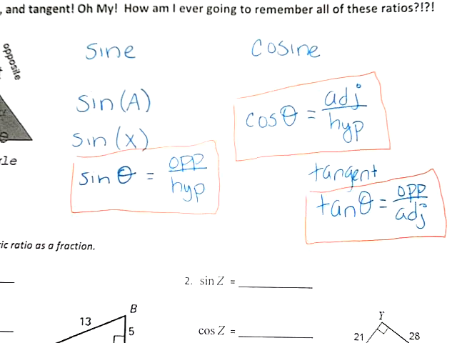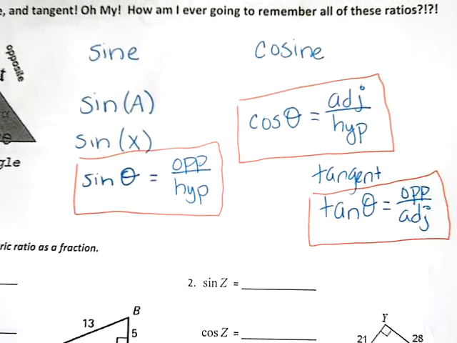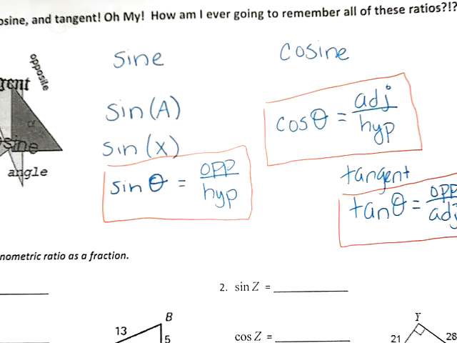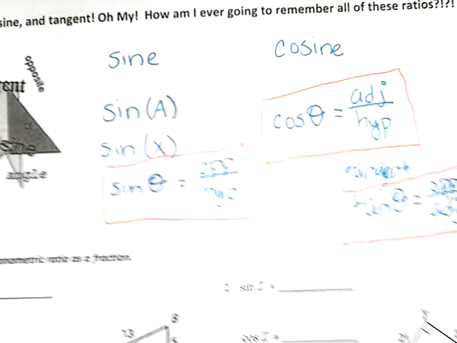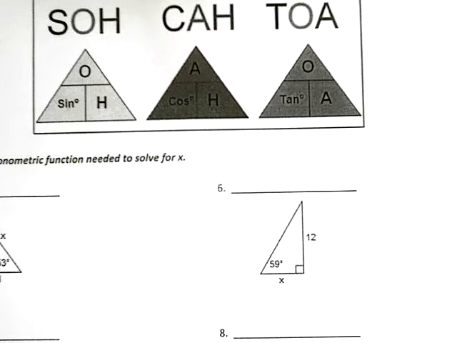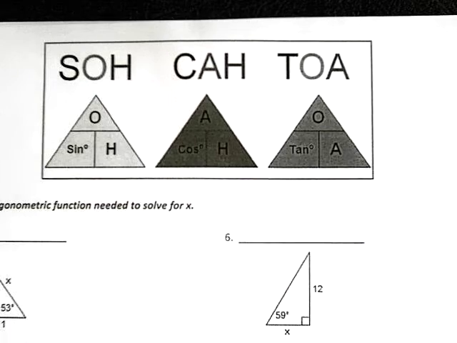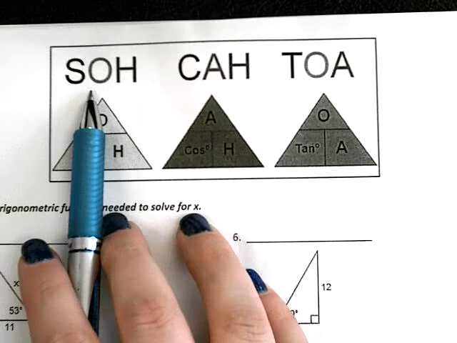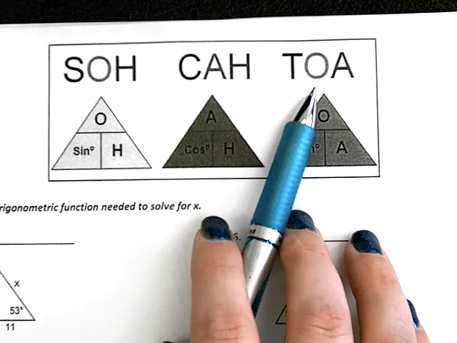So those are going to be super important, okay? Now remembering that can get a little kind of crazy, right? That's a lot to remember. So we have this little trick for us. And actually, if you look at the top of the next page, it's on there: SOH CAH TOA.